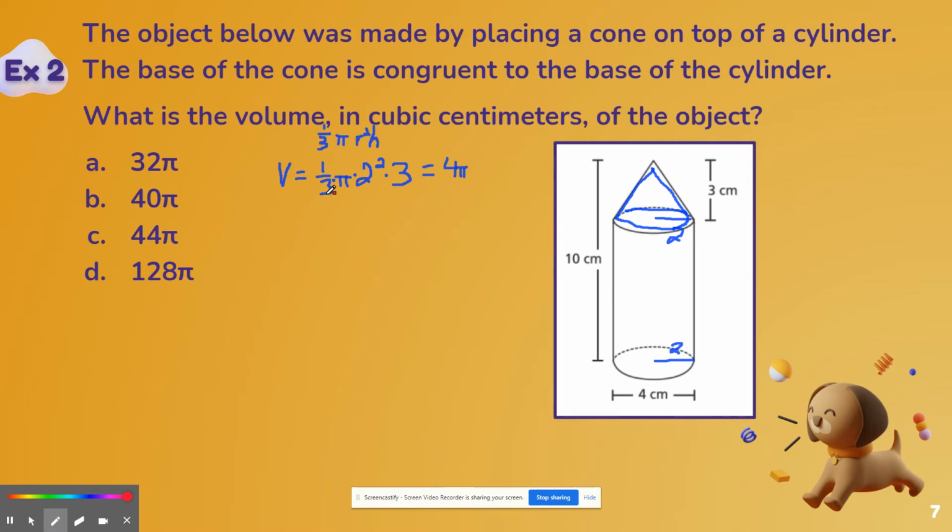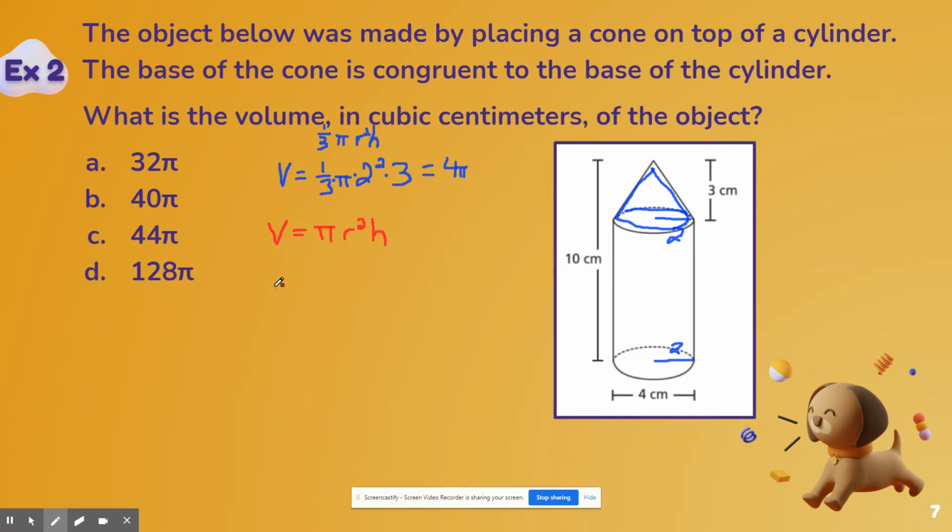For a cylinder, it's a similar formula. The volume is going to be pi times the radius squared times the height, which is here. So that's the volume for a cylinder. So I would plug that in.